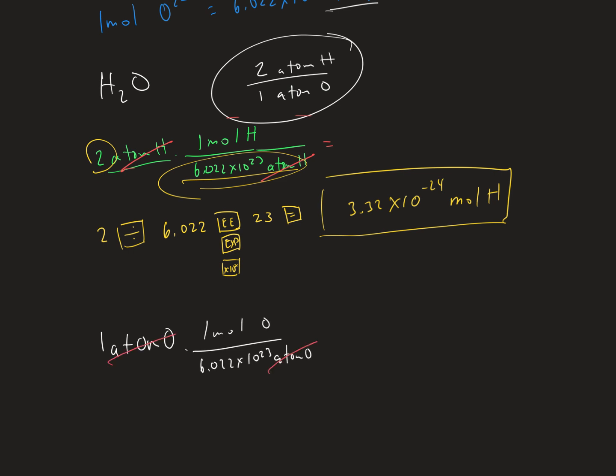Atoms of oxygen go away, and we're left with 1 divided by 6.022 times 10 to the 23, and what do we get? 1.66 times 10 to the minus 24.